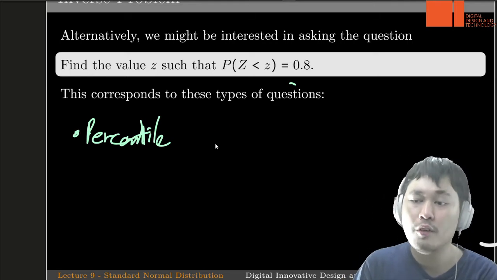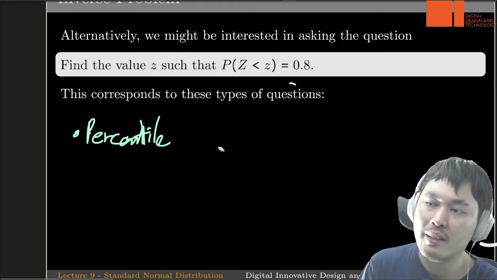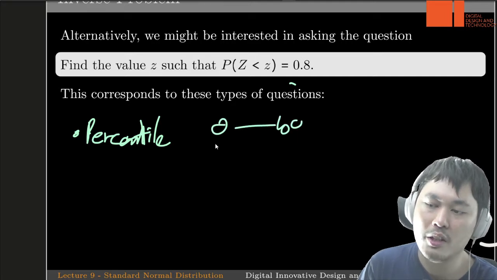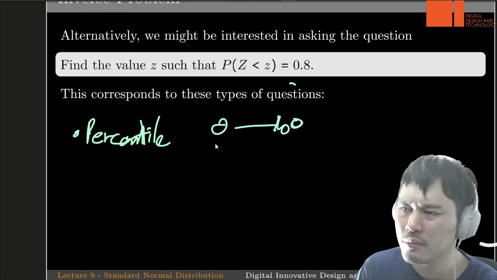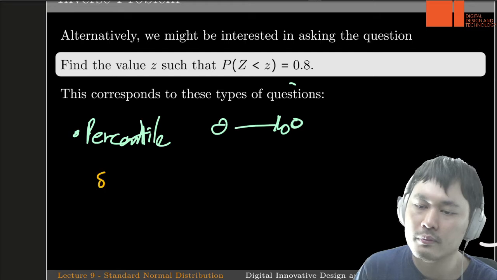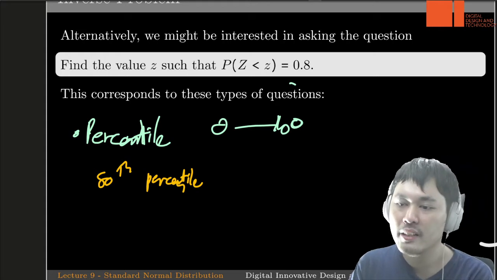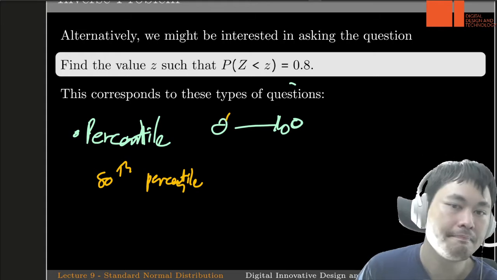Let's say you are taking an exam, and the score is the usual 100 max. If you are the 80th percentile, then what would be your score?